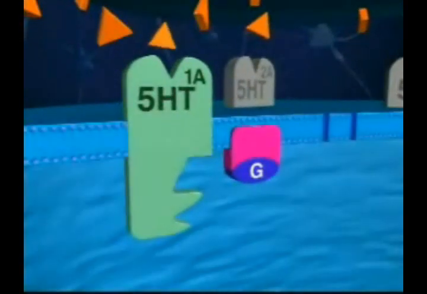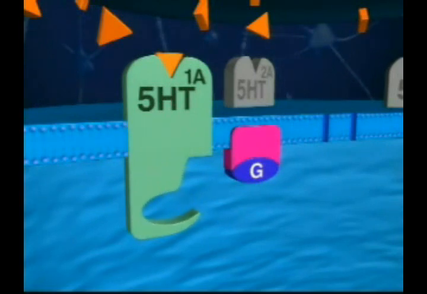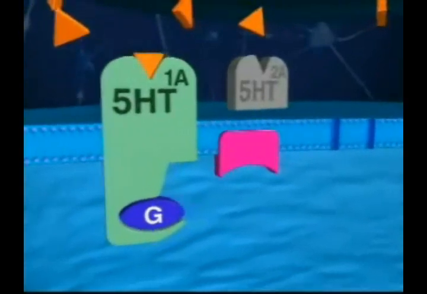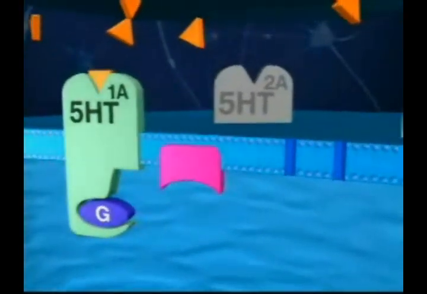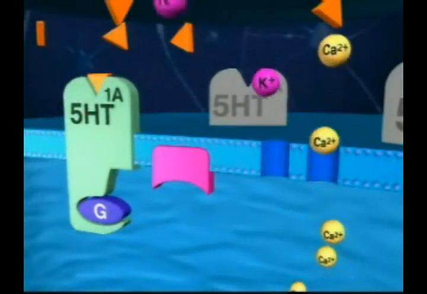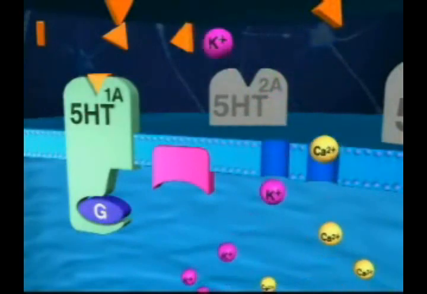5-HT1A receptors are most common in the hippocampus and raphe nucleus. 5-HT1A receptors are linked to the second messenger system, consisting of a G protein negatively coupled to adenyl cyclase. Activation of the receptors causes the G protein to directly influence the ion channels, increasing conductance of calcium and potassium.